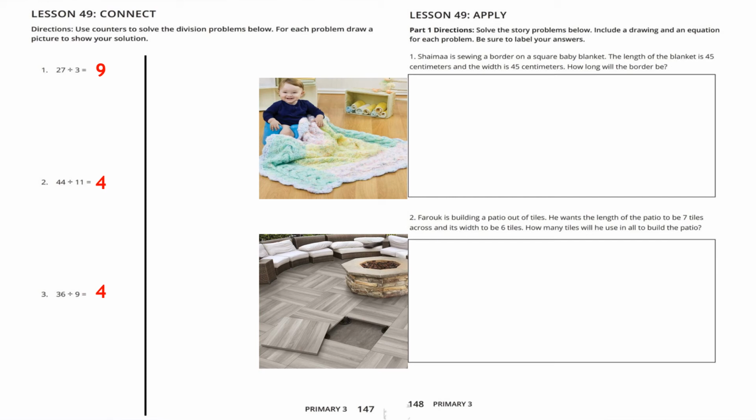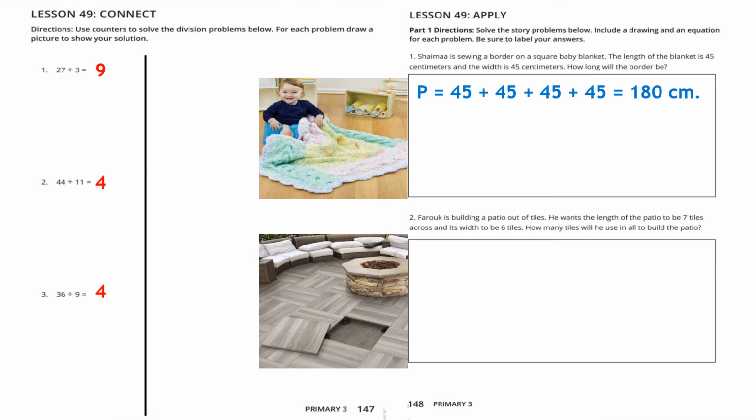It means it's like the fence of the garden. I want to know the total fence. Here, the total border, it's the same. So I want to calculate the perimeter. So the perimeter will be 45 plus 45 plus 45 plus 45.